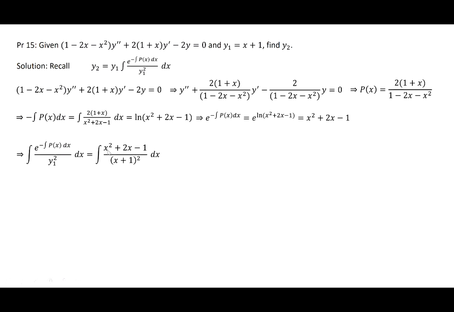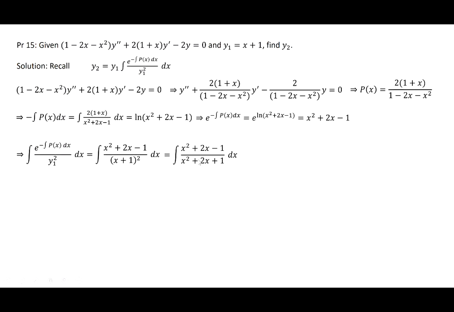I notice that this is x squared plus 2x minus 1, whereas we have x plus 1, the quantity squared. When you FOIL that out, you get x squared plus 2x plus 1, very similar to this one. So first I will write this x plus 1, the quantity squared.